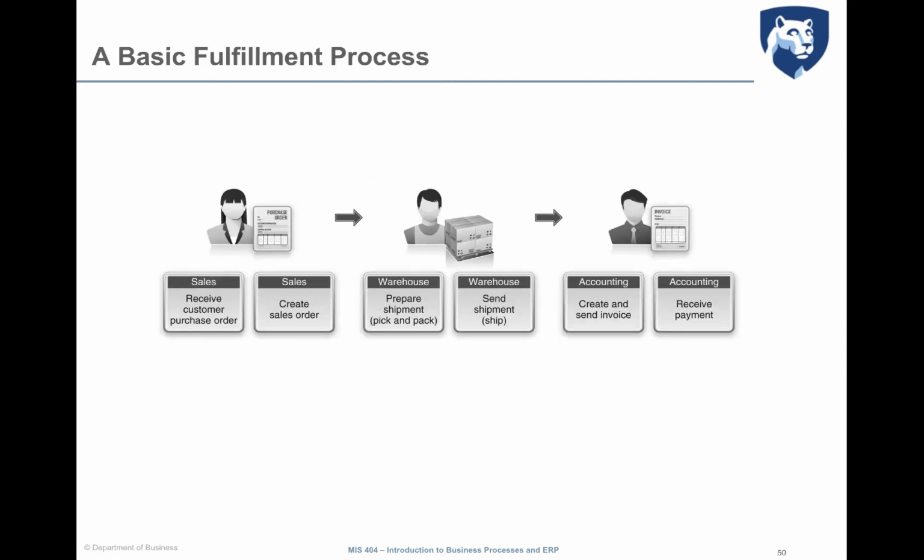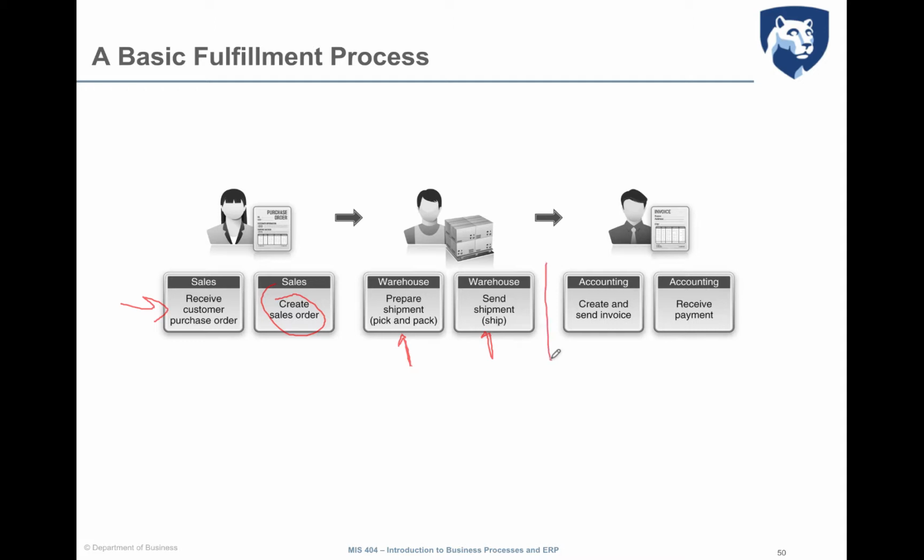First of all, this is what will be under our scope. This is a basic fulfillment process where it all starts with the sales department that receives the customer purchase order and creates a sales order. Then, in order to satisfy this order, this information is passed to the warehouse, which needs to prepare the shipment and send it with the product for the customer.